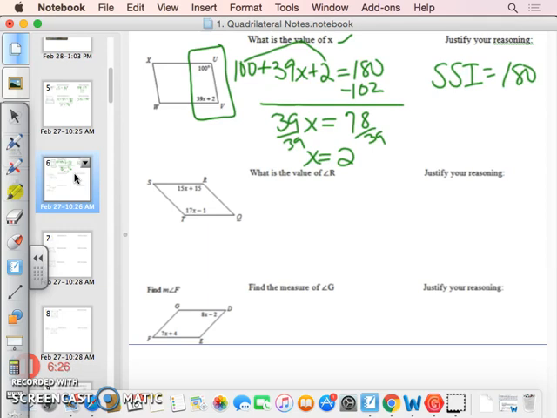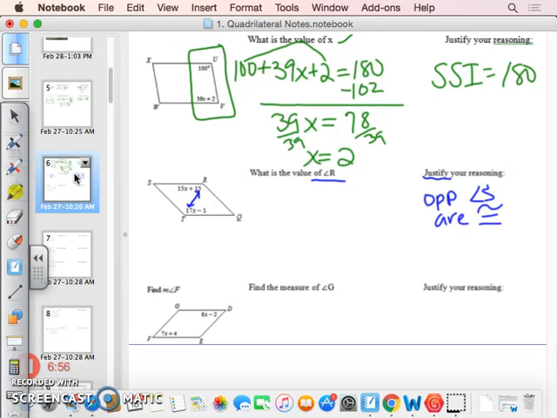Next example. It says, what is the value of the angle R? And so I'm going to look at the relationship between the two values that I'm concerned about, and I notice they're opposite each other. So my justification is opposite angles are congruent. All right, and I want to know in this problem what the measure of angle R is. But first, I got to find out what x is so I can plug it in, right?